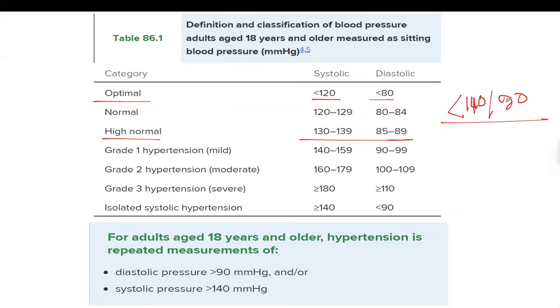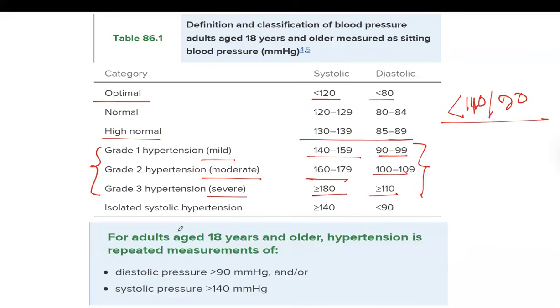Up to this, we can still consider it normal. If it is more than 140/90, that becomes hypertensive. Hypertension is divided into mild, moderate, and severe based on these values. You can read them and memorize them.